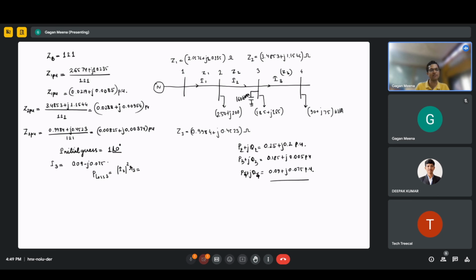Calculate first the magnitude of this I3: 0.09 square plus 0.075 square. Then multiply it by R. How much is this?